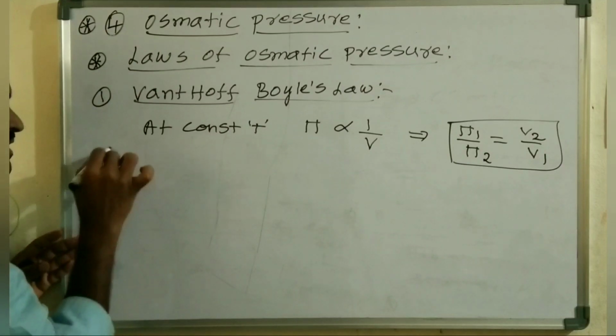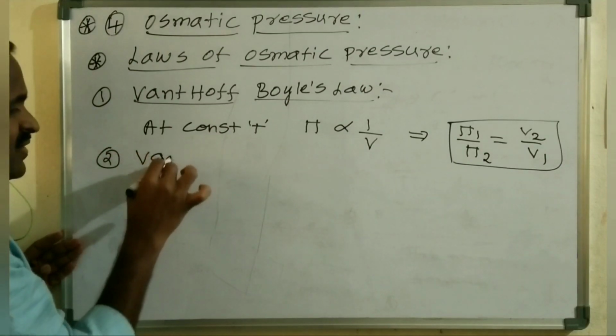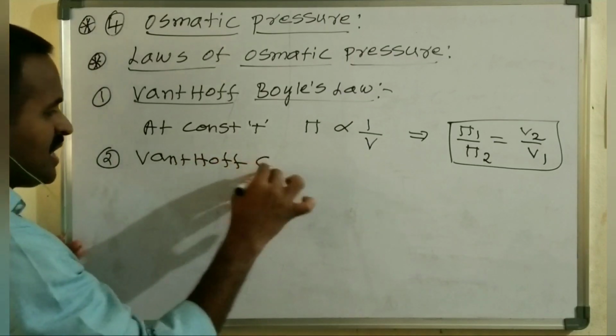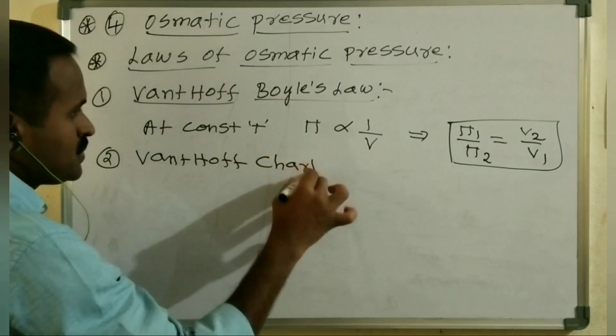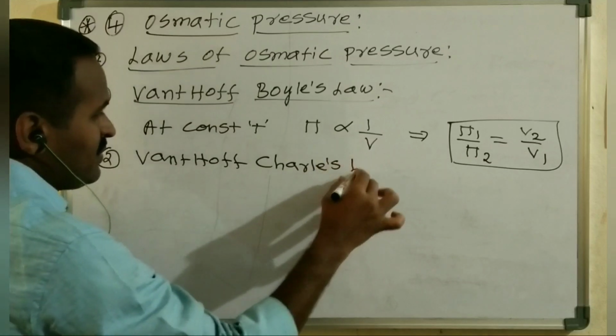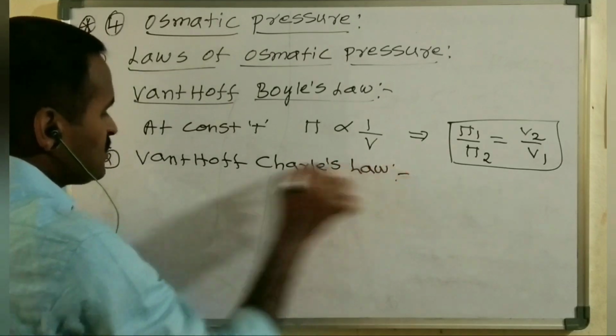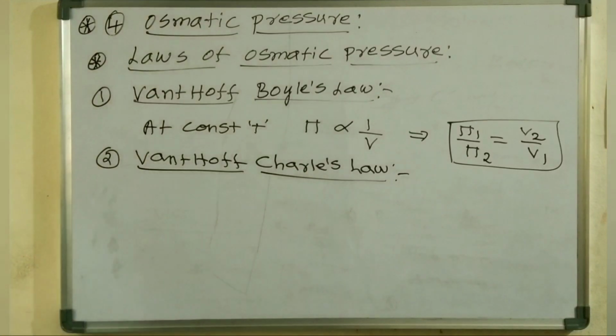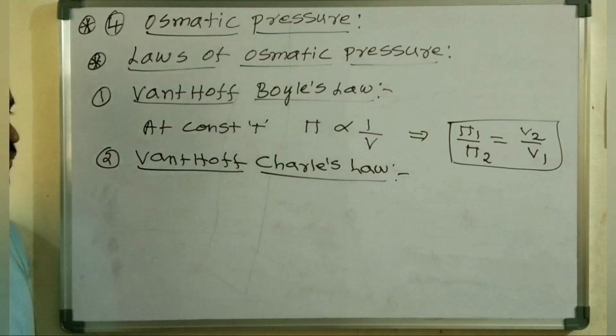The second one is Van't Hoff's Charles law. A simple Charles law says that at constant pressure the volume of a given amount of gas is directly proportional to its absolute temperature.